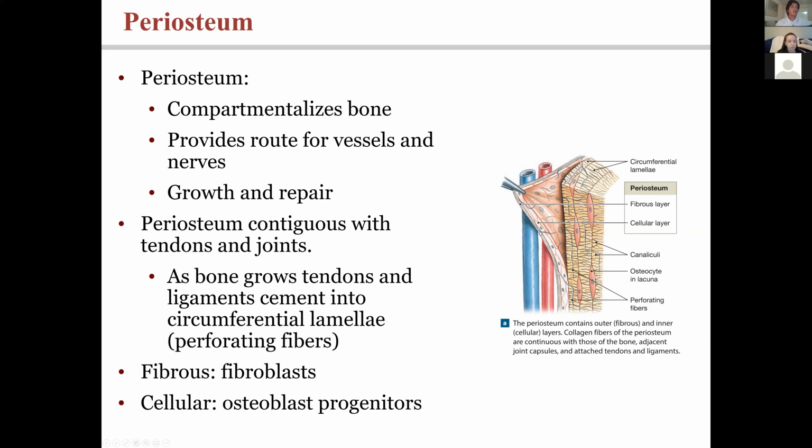At this level, they're basically fused together, the collagen of tendons and the collagen of the periosteum of bones. They're the same collagen. In that sense, this periosteum is contiguous with tendons and joints.